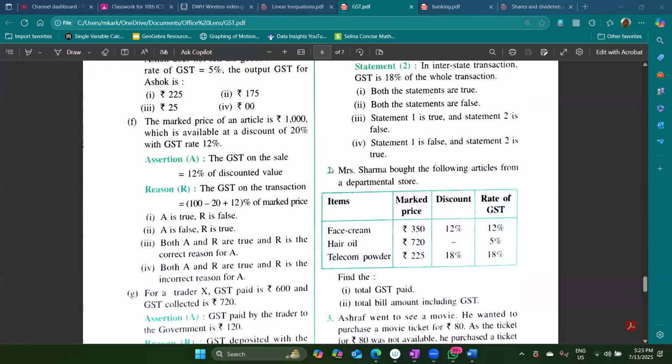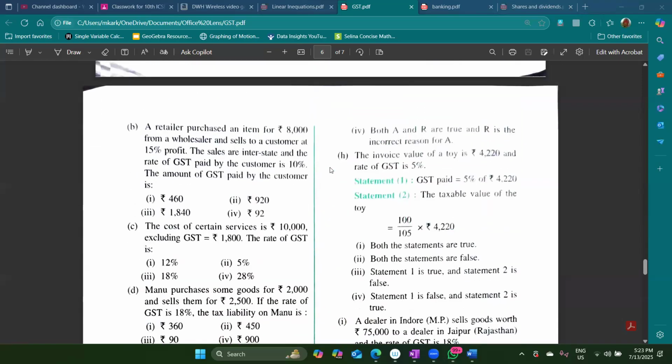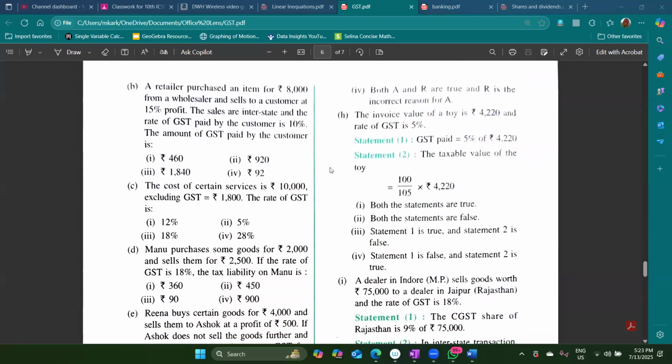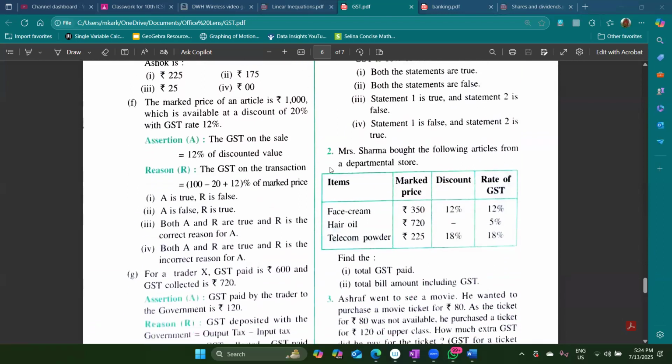Okay, G, we are not able to see the last option. What is the last option? Both A and R are true, and R is the incorrect reason. Both are true, but R is incorrect reason.